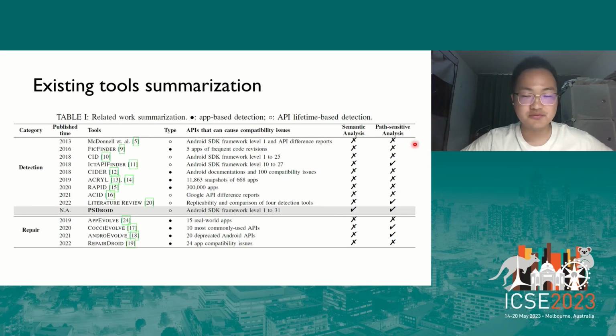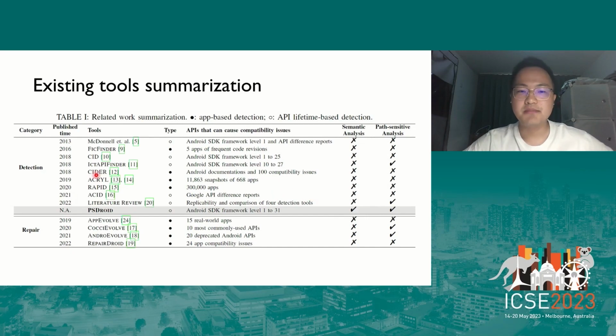From those two columns, we can see that none of the existing methods analyze different implementations of using patterns for their detection or repair tasks, which could lead to many false alarms in practice.